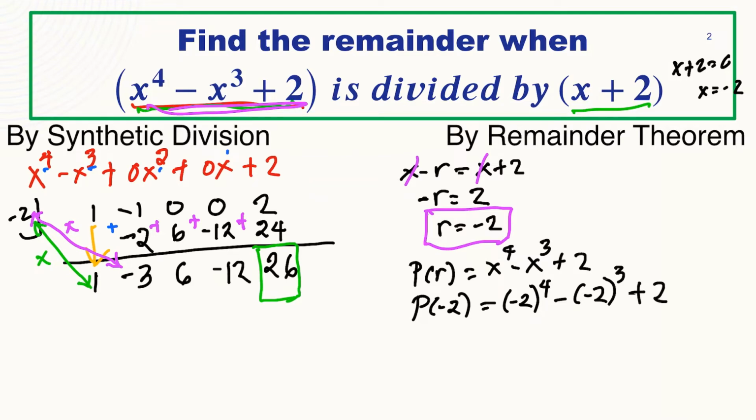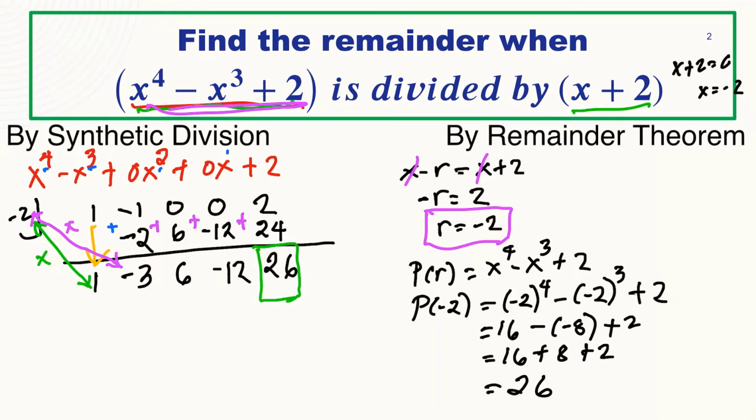And we know that negative 2 raised to 4 is simply 16, minus negative 2 raised to 3 is negative 8, plus 2. Simplifying, this will give us 16 plus 8 plus 2, or 16 plus 8 is 24, plus 2 is 26.